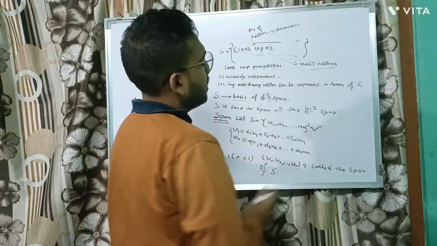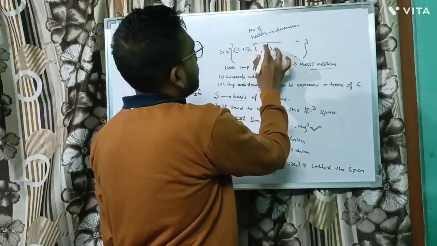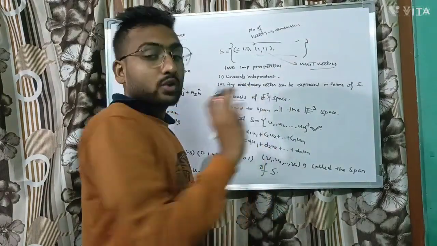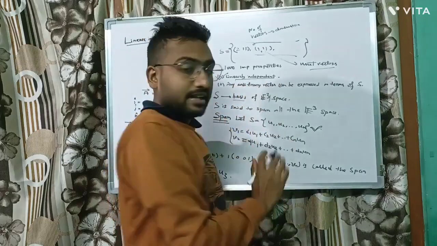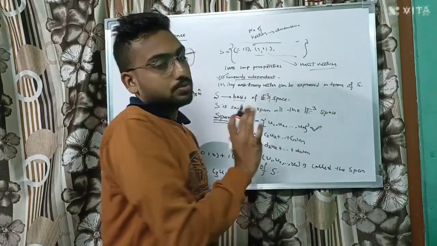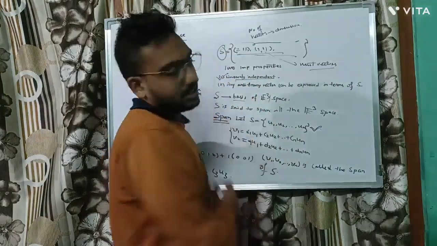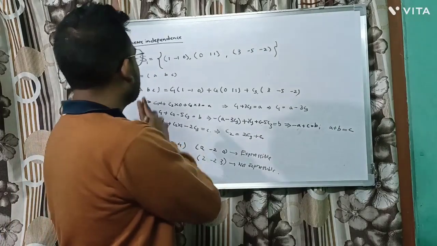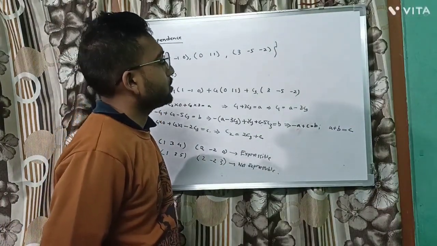This can be any different set of vectors, like (2, 1, 1), (1, 1, 1), if they satisfy the two important properties: they are linearly independent and any arbitrary vector can be expressed in terms of the vectors present inside the set S. So I have taken a random set S1 equal to (1, -1, 0), (0, 1, 1) and (3, -5, -2).